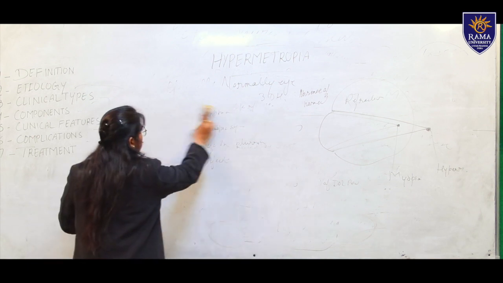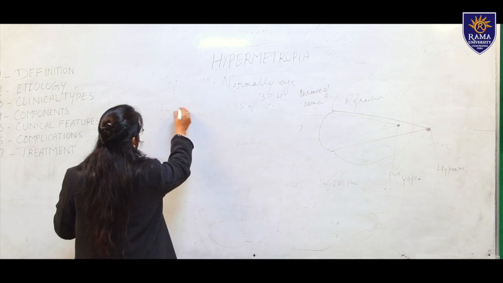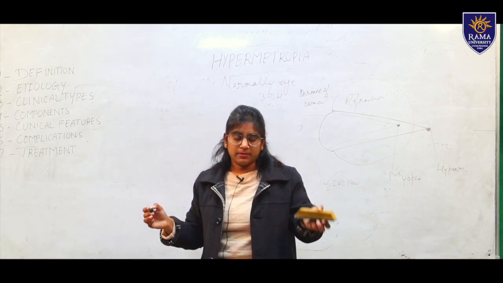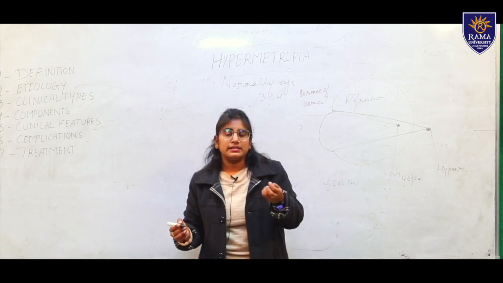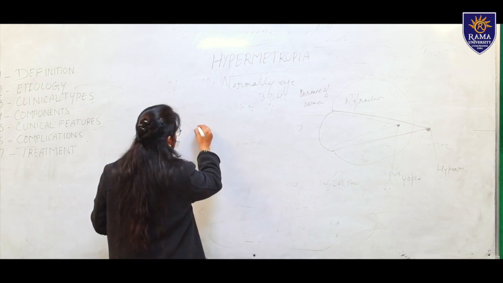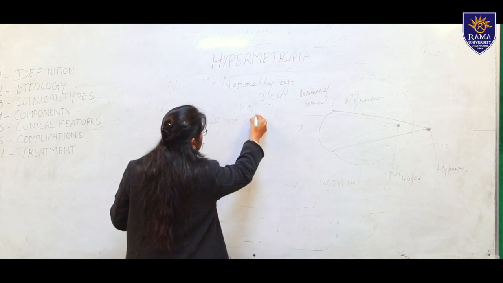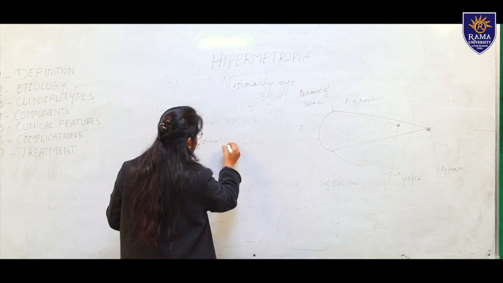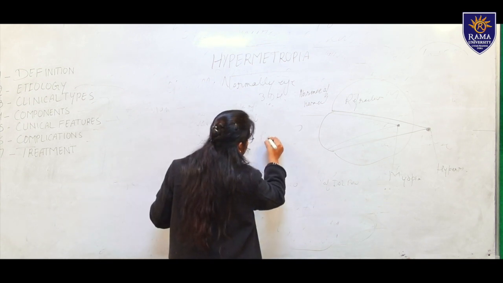Now signs. What are the signs of hypermetropia? The observer examines the eyeball. Eyeball size is decreased and cornea is flattened. Cornea size decreased means flattened.